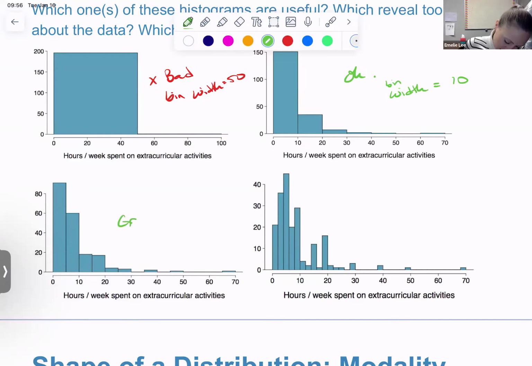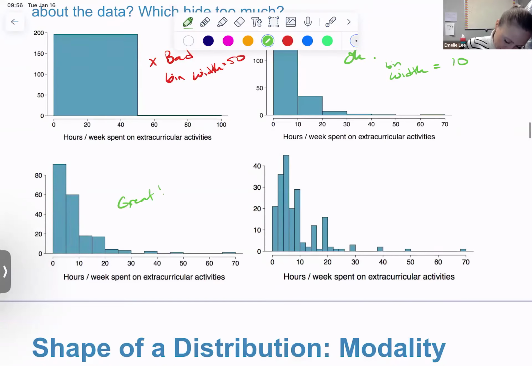This one is great, and that was a bin width of 5. The reason I say it's great is because when I compare this okay bin width of 10, then I'm seeing this general distribution.